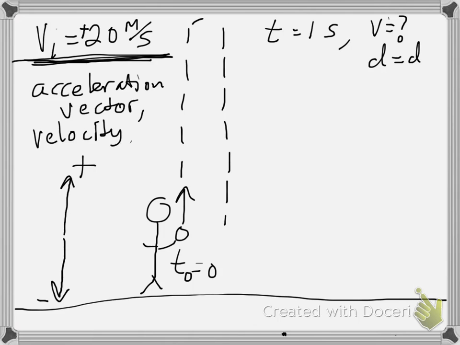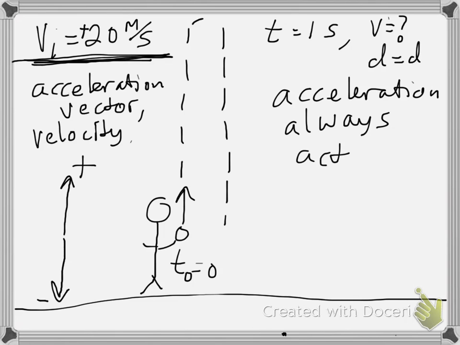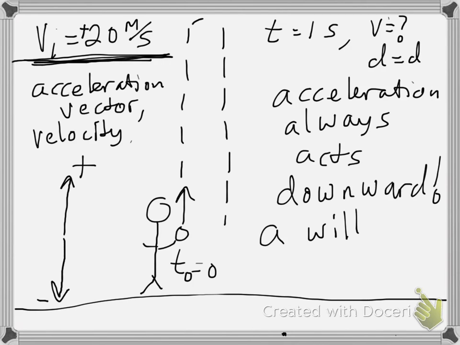Now, what about my acceleration? Well, acceleration always acts downward. Acceleration always acts downward. So in these equations, a will get a negative sign.